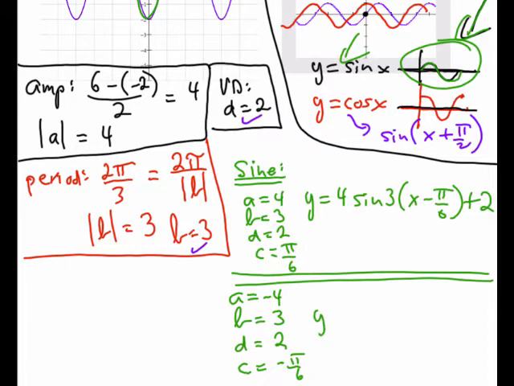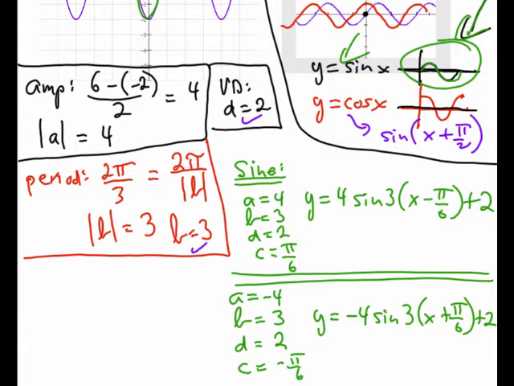So your equation could also have been y equals -4 sine b x minus negative pi over 6, which would be plus pi over 6, plus 2. So I've got two different sine graphs that represent this function. I was only asked for one, but I've got two. And in fact, there are an infinite number, as you can probably see.